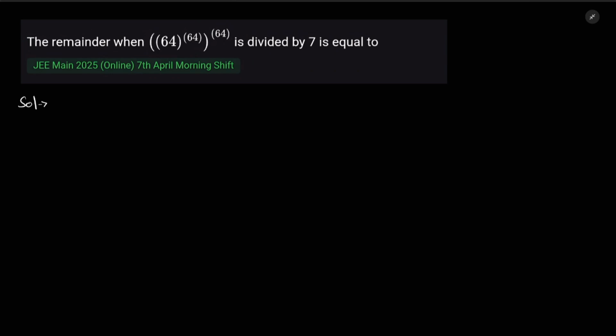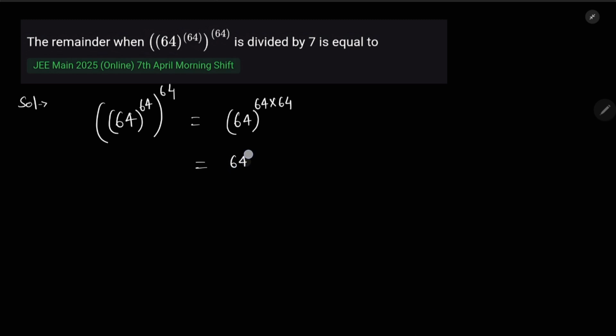So the conventional method to solve this is as given: 64 to the power 64 to the whole power 64. So I can write it as 64 to the power 64 times 64, using the power formula.